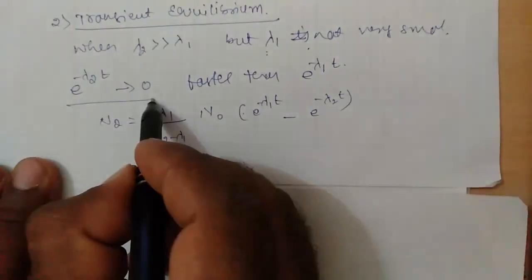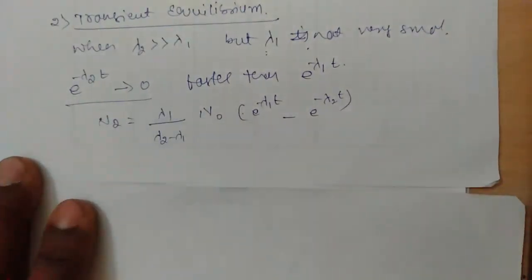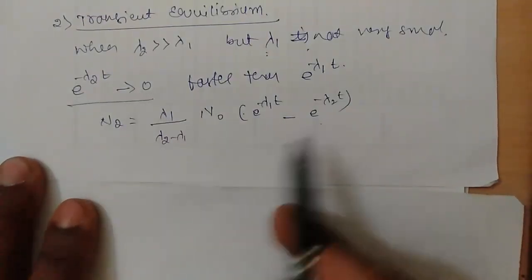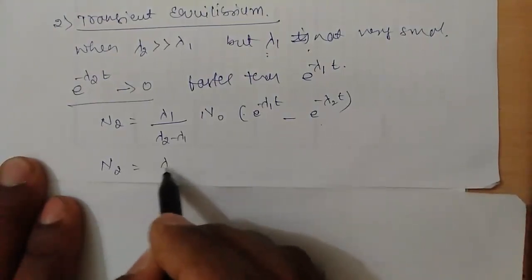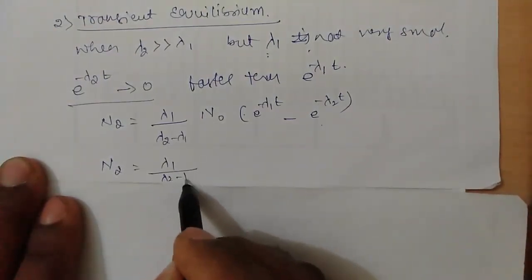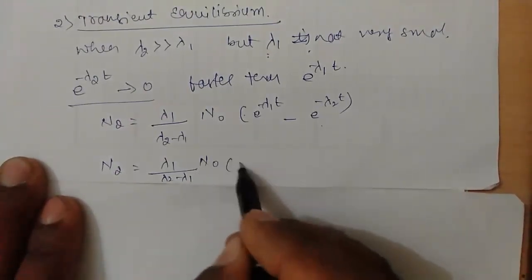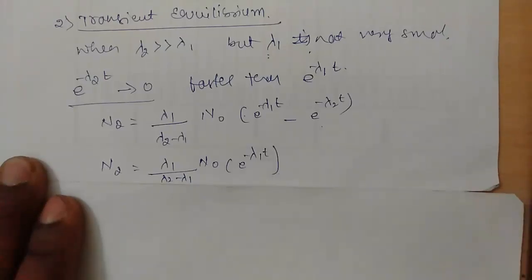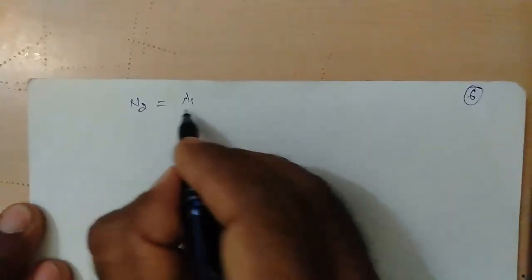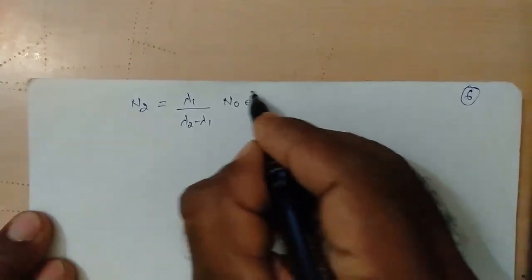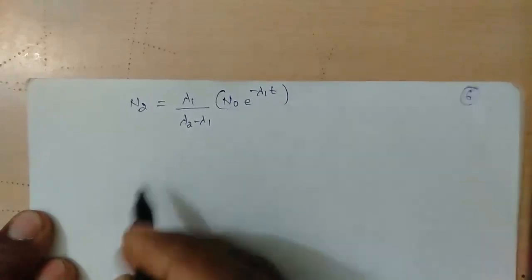Continuing with this equation, if you substitute the value of e to the power of minus lambda 2 into t as 0, we get n2 is equal to lambda 1 divided by lambda 2 minus lambda 1 into n naught into e to the power of minus lambda 1 into t, right? So therefore n2 is equal to lambda 1 divided by lambda 2 minus lambda 1 into n naught e to the power of minus lambda 1 into t.